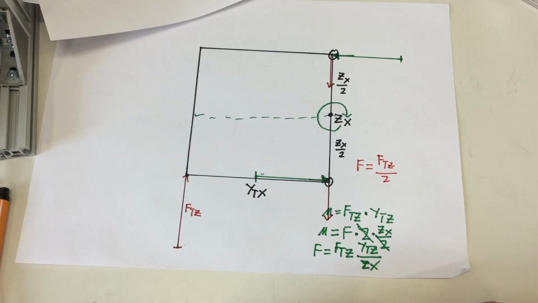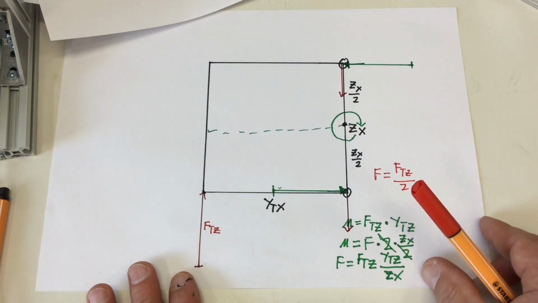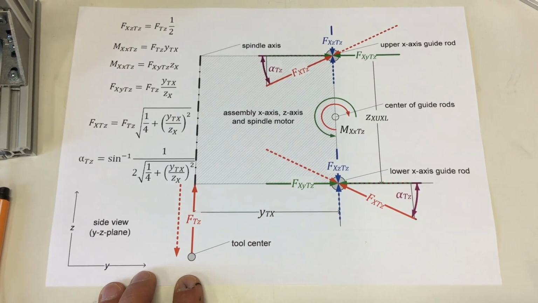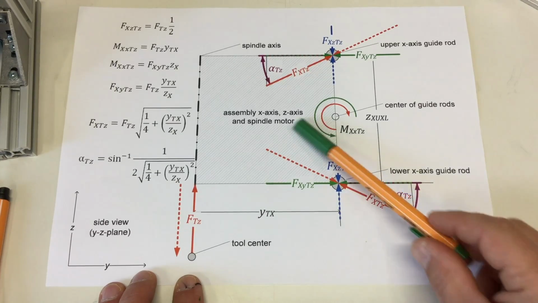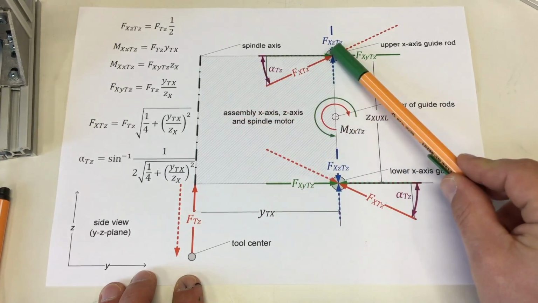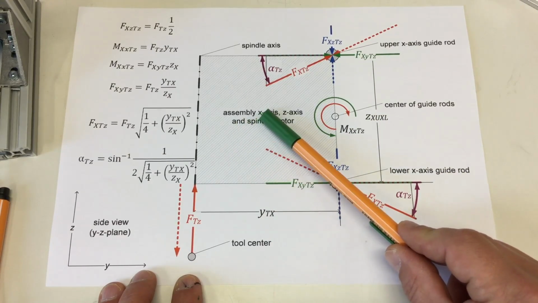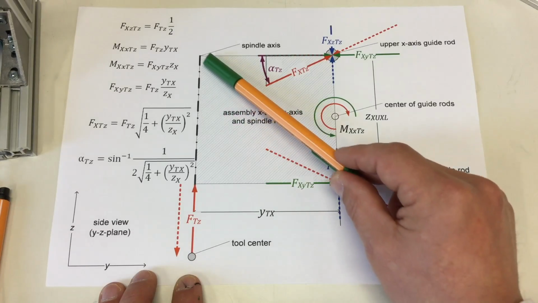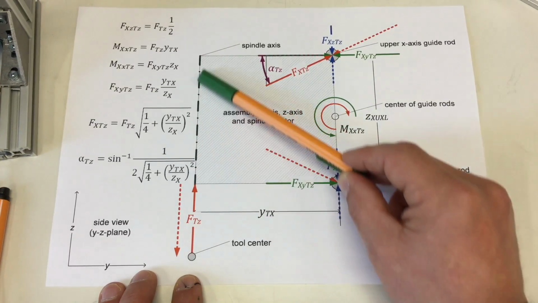And I put that in a much nicer drawing, which we'll have a look at now. So here we have the same again in a much nicer drawing. We have, at least for the drawing, our square, which represents our assembly of x-axis, z-axis, and the spindle motor. We have our spindle axis here.